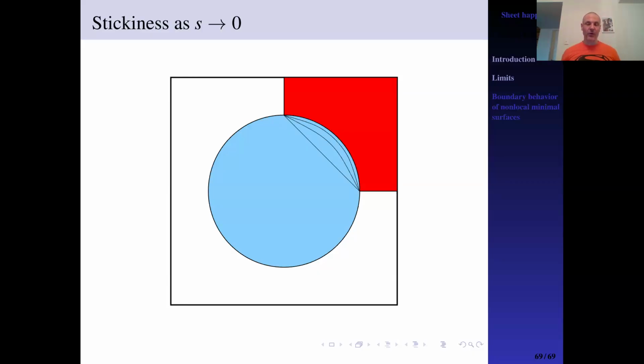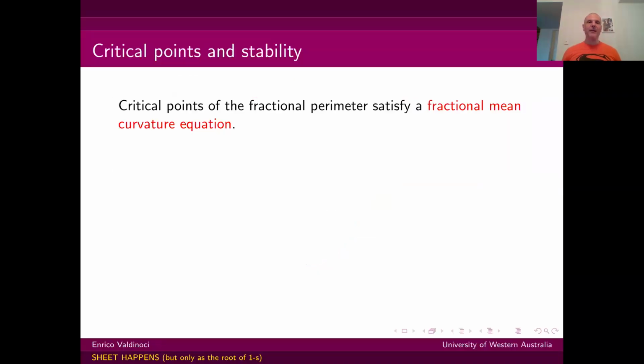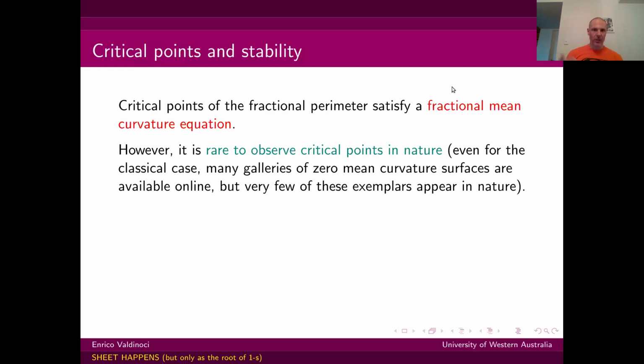surprising and thought-provoking. Now let me go to the second part of the talk, in which I look for critical points that are not necessarily stable. So basically, these are just stationary solutions of the fractional mean curvature equation that I was introducing and discussing before.